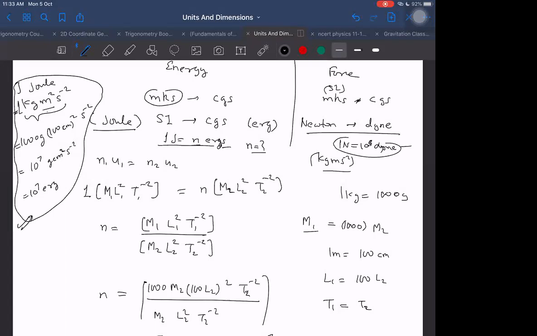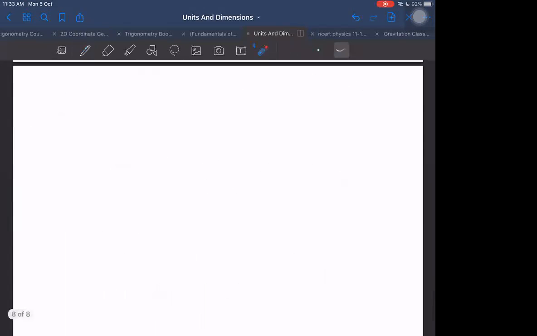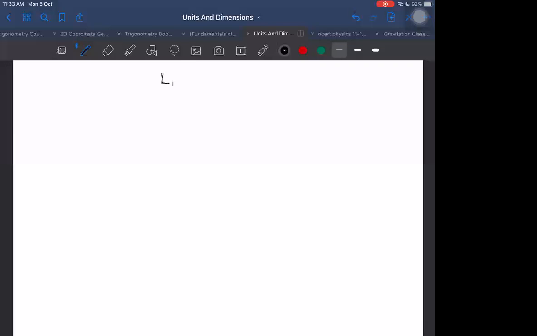Now, if I ask in a different way, I say that in our new system of units, one length unit is equal to 3 meters. In some new, suppose, system of units, 1 mass unit is equal to, let us say, something, whatever, 5 kg.